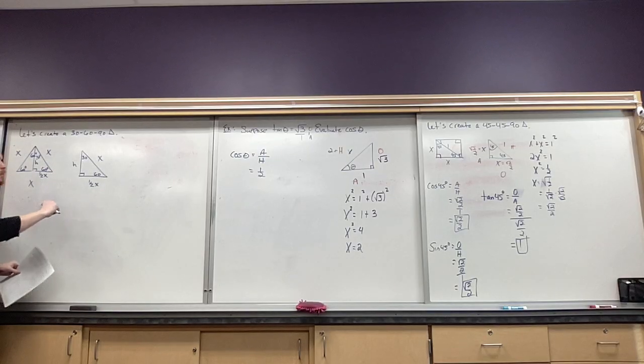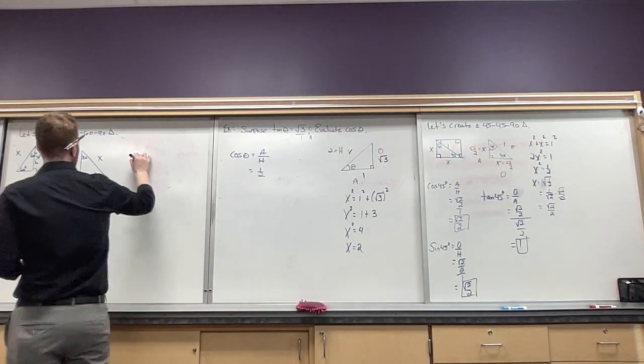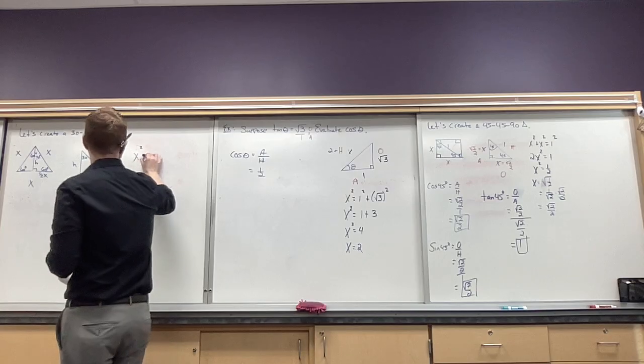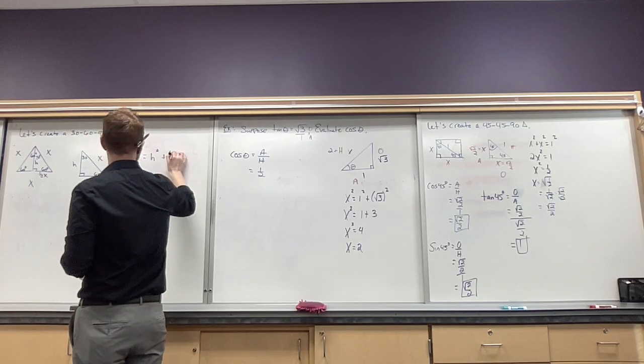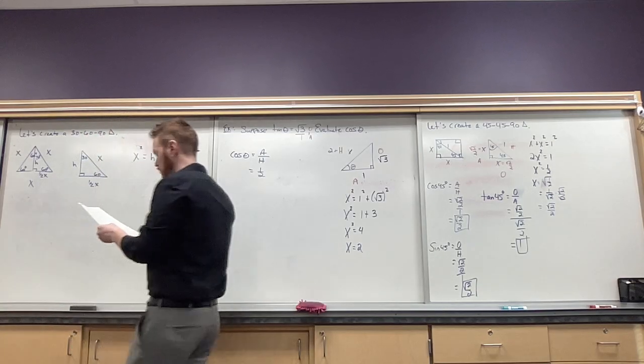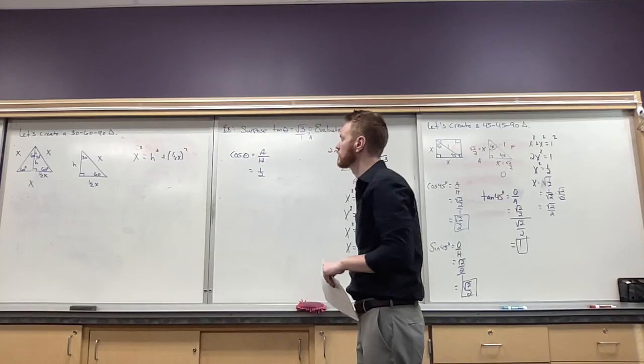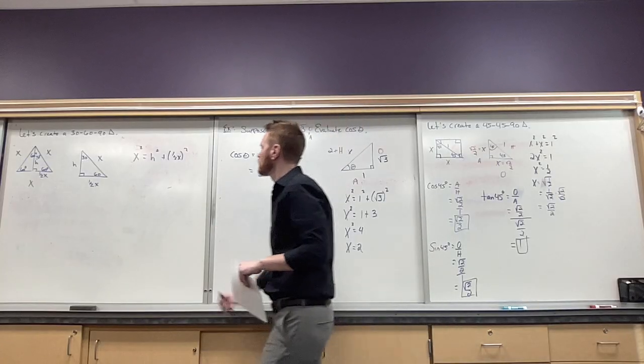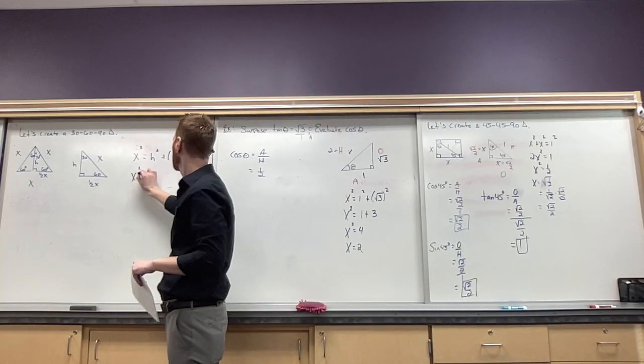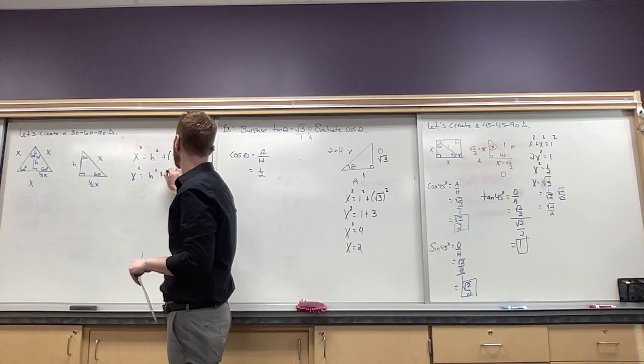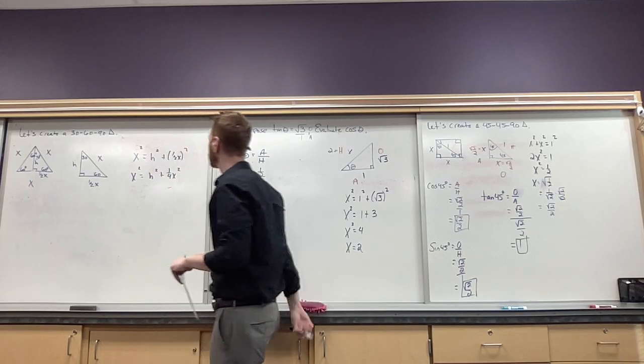So let's figure out what h is, using a little bit of Pythagorean theorem. So x squared equals h squared plus half x squared. We get x squared equals h squared plus 1/4 x squared.